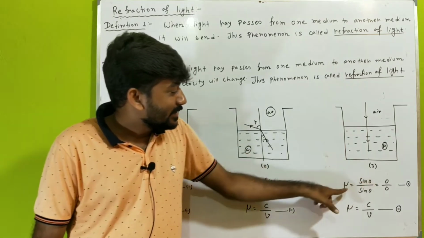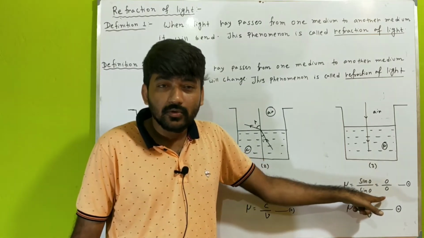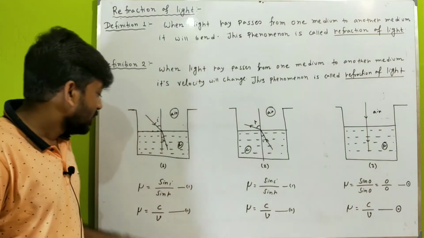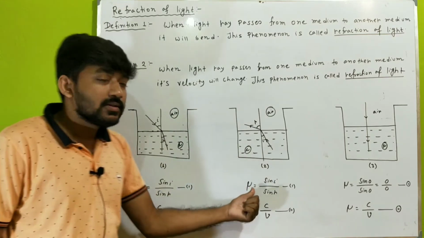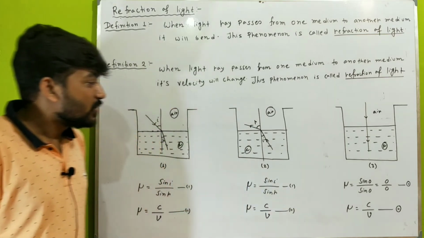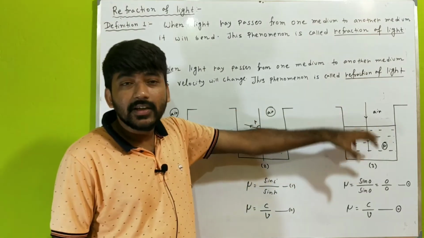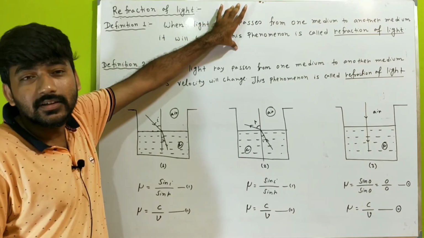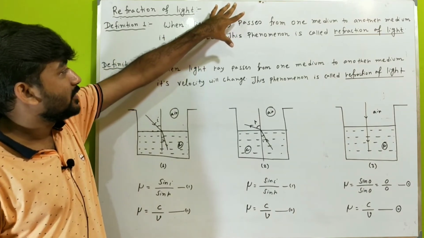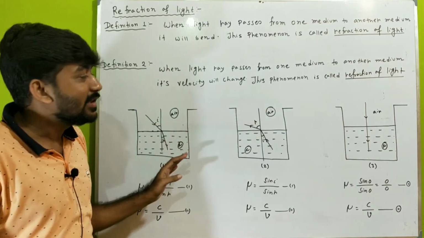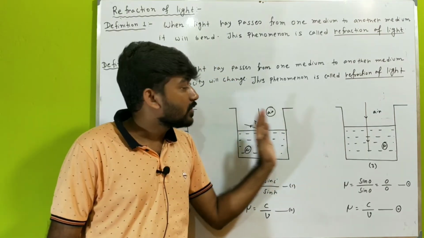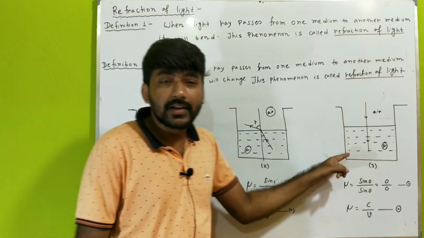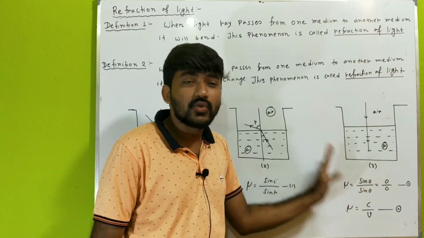Apparently, you can see that mu is in the form of 0 by 0, and one can say that here Snell's law is not valid, but for these two cases Snell's law is well valid. So you can say that this is not a case of refraction of light, and then this definition is appropriate, as these two are refraction of light, and there is no case of bending of light. But in the actual case, this is also the refraction of light, and here also Snell's law is valid.